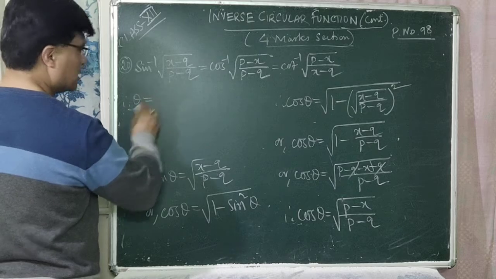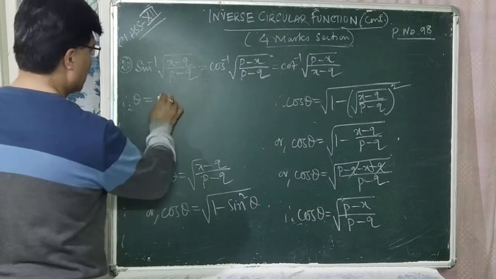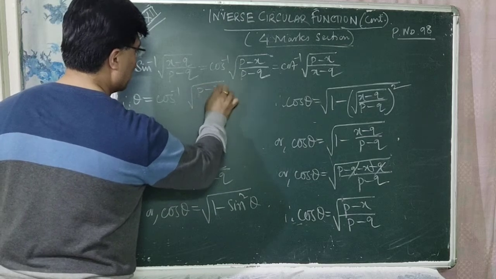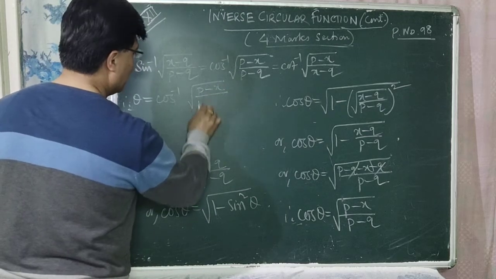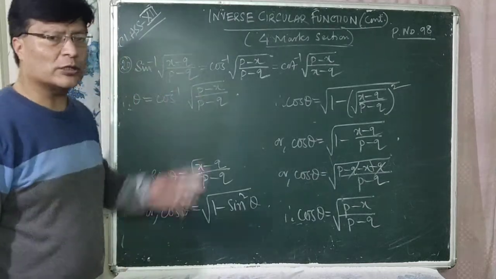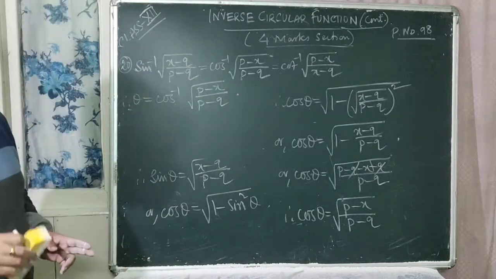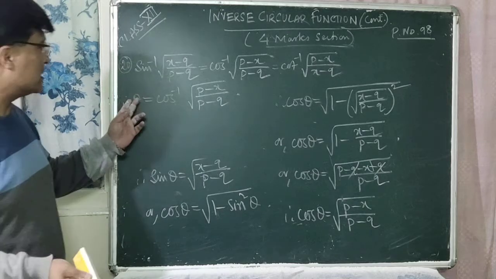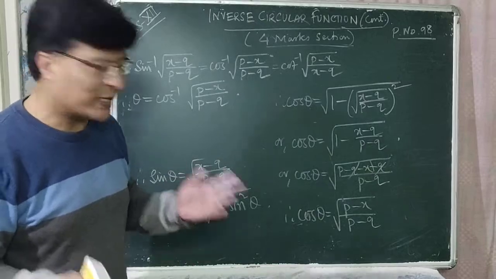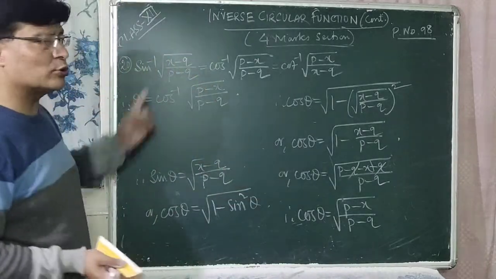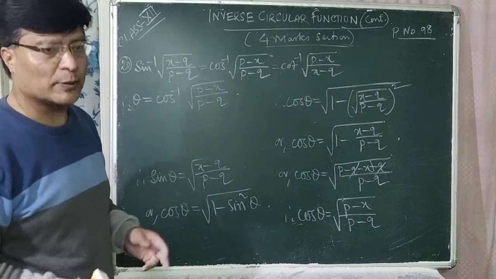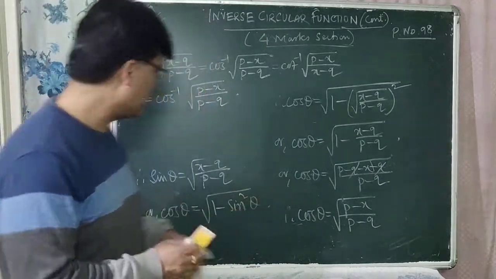Therefore theta is equal to cos inverse within square root p minus x upon p minus q. That is, sine inverse root under x minus q upon p minus q was assumed as theta, and theta is equal to cos inverse root over p minus x upon p minus q. That means we can equate sine inverse root over x minus q upon p minus q with cos inverse root over p minus x upon p minus q. Is that clear to all of you?